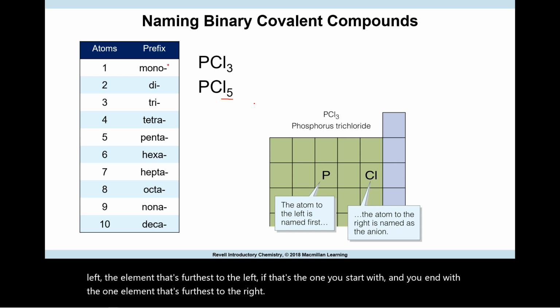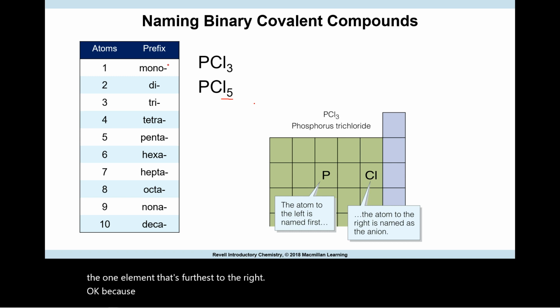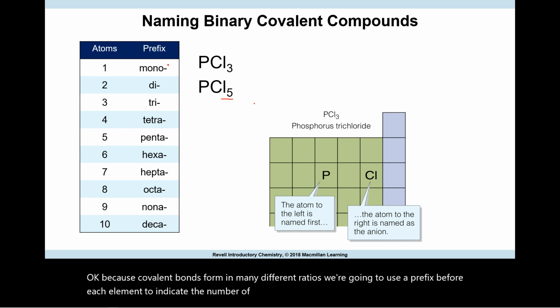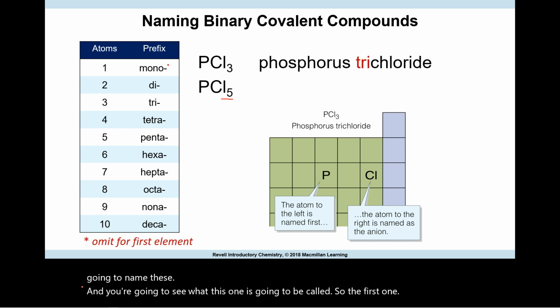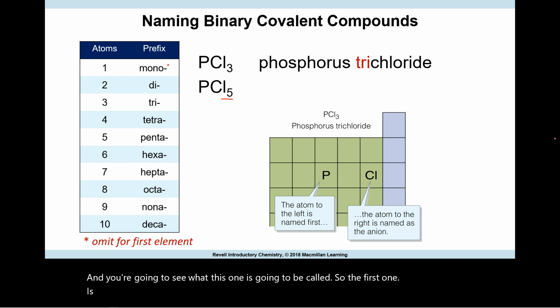Because covalent bonds form in many different ratios, we're going to use a prefix before each element to indicate the number of atoms of that element present. So we're going to name these. This first one is phosphorus trichloride.